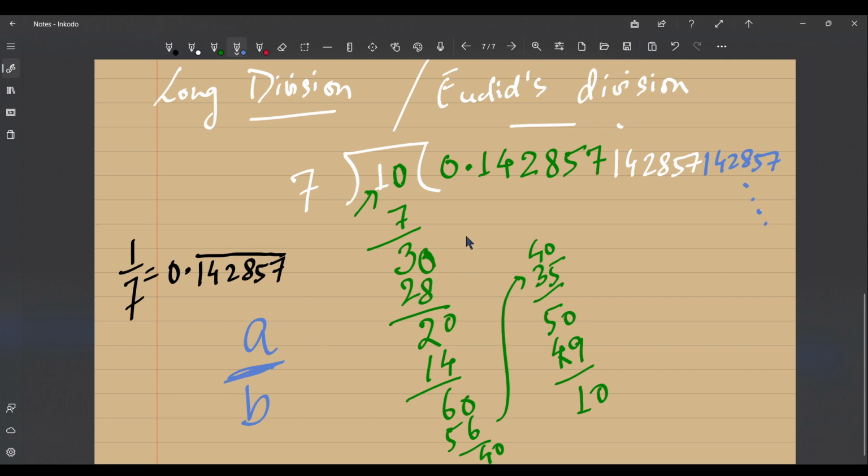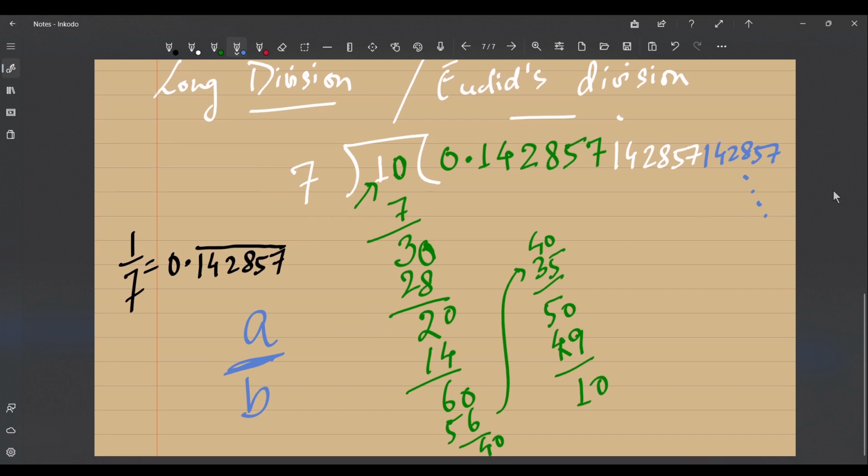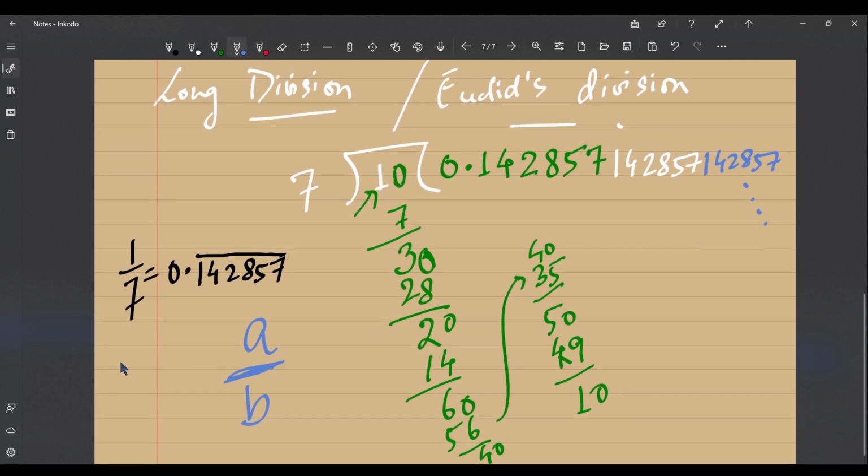You can put a point, divide for however long you want, and you'll get a decimal representation of this fraction. So I just proved to you that all rational numbers, all a by b's, have a decimal representation.